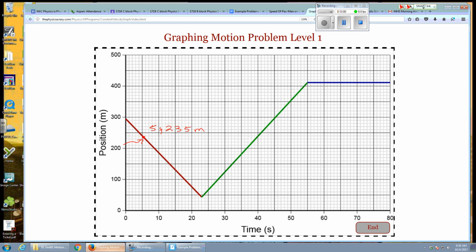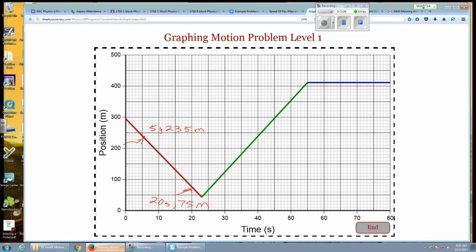And then I'm going to pick another one down here, like right there, and I know that has a time of 20 seconds and let's see, that'd be 50, 60, 70, 75 meters. And then I'm going to do rise over run because that fits with my velocity equation also.